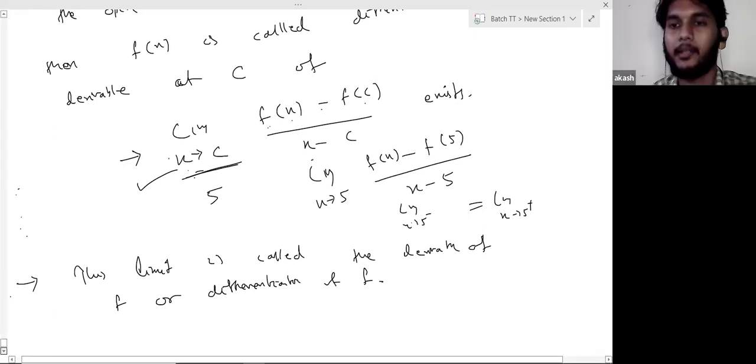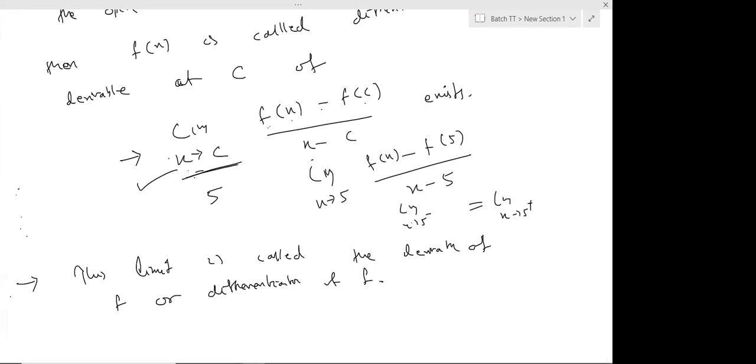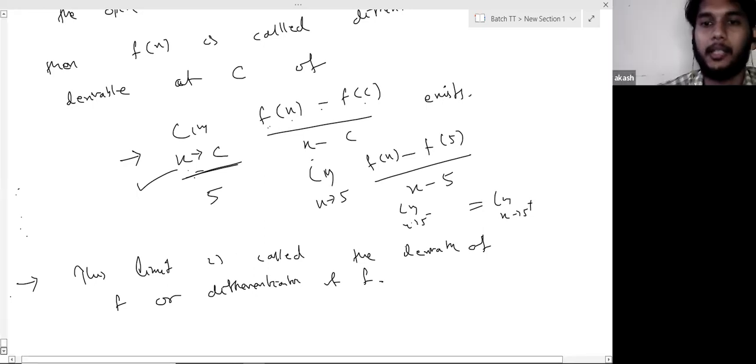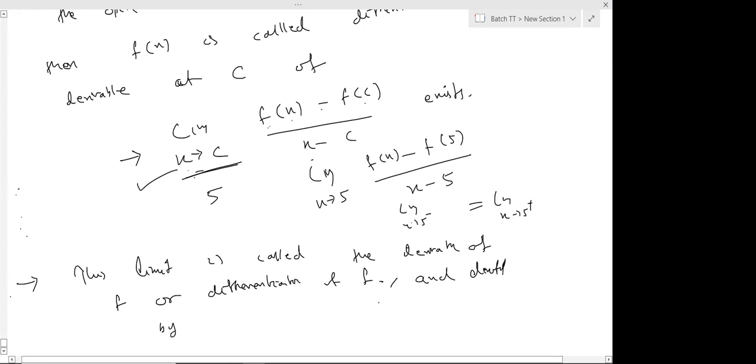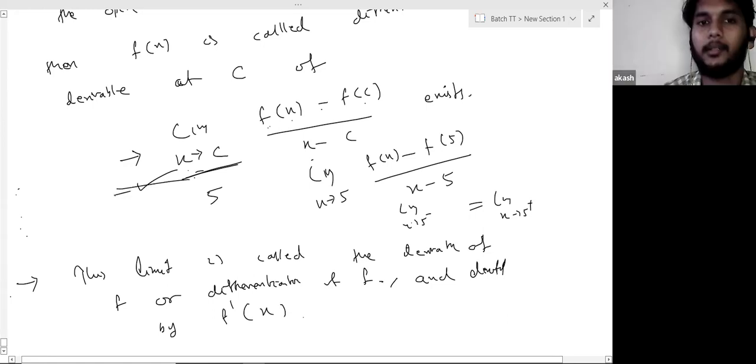Kinza, Aman, Ryan. Yes, sir. All right. Please note it down. This limit is called the derivative of f or differentiation of f. Can I scroll it up or minimize it a bit? You have noted till this point, right?